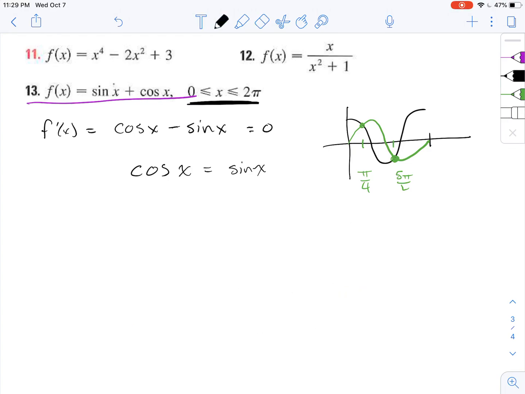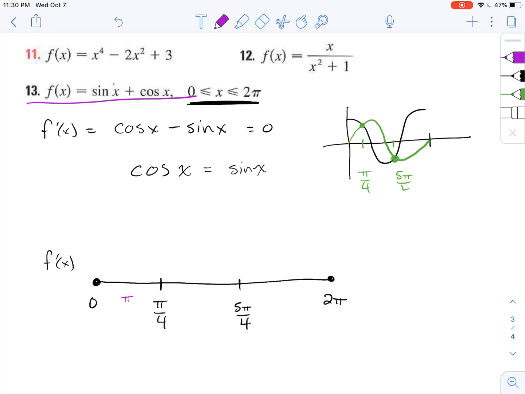So I'm going to draw the number line. And actually, I don't need the whole thing because they just said go from 0 to 2 pi. So we'll go from 0 up to 2 pi. And we're going to cut it at pi over 4 and at 5 pi over 4. And then I want to evaluate f prime of x in between. So let's pick some numbers. Between 0 and pi over 4, I'm going to use pi over 8.